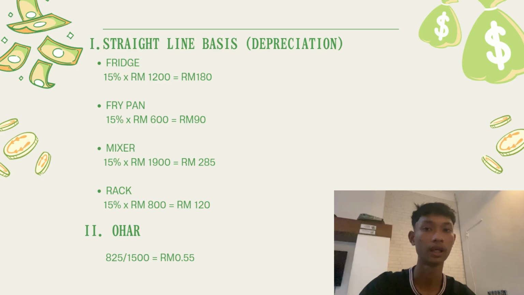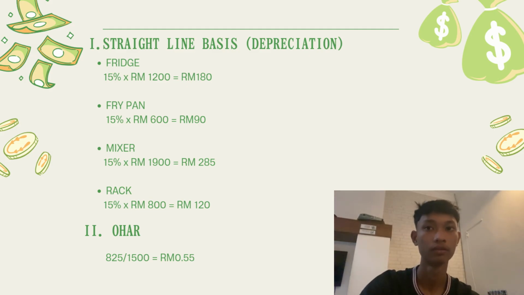Freight 50% multiply RM 1,200 equal RM 180. For fry pan 50% multiply RM 600 equal RM 90. For mixer 50% multiply RM 1,900 equal RM 285.